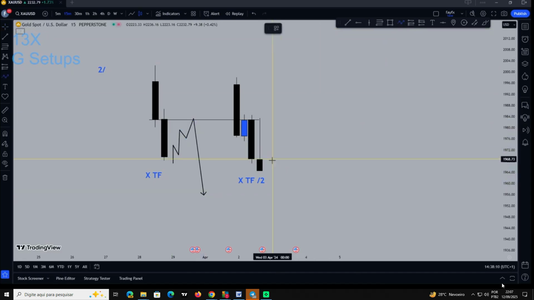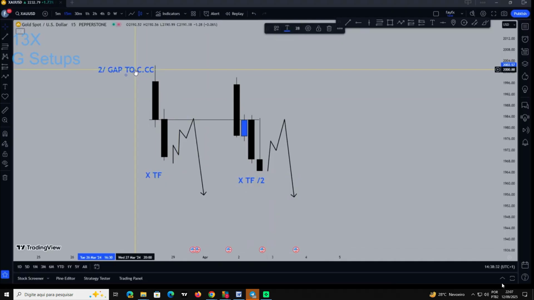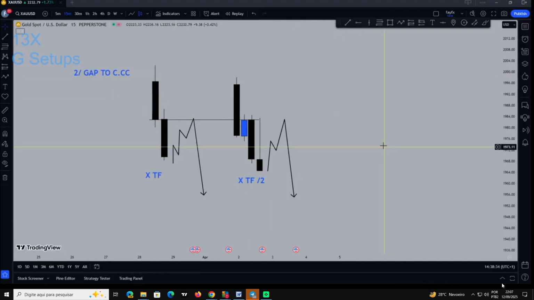Same thing here. This is very powerful, I just like it. Price will go up, touch that level and melt down. So we call this a gap to classic CC. This is the second entry.